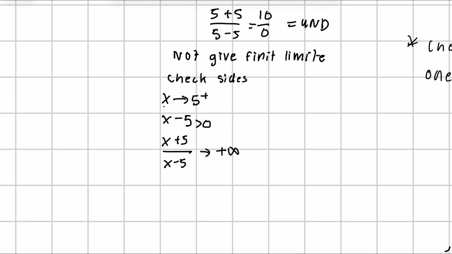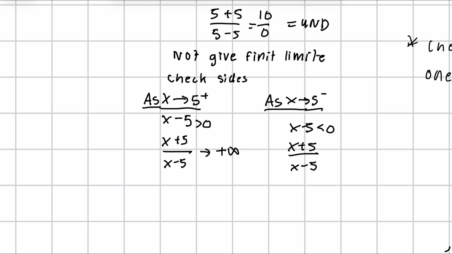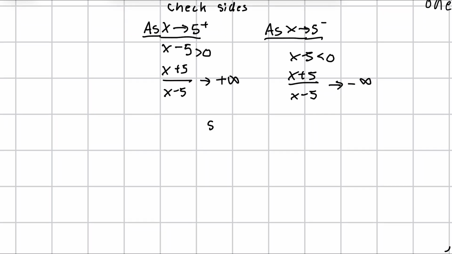Now, looking from x approaches 5 from the negative side, x minus 5 is less than 0. So x plus 5 divided by x minus 5 is going to approach negative infinity. Because the sides are different, we know for sure that the limit does not exist.